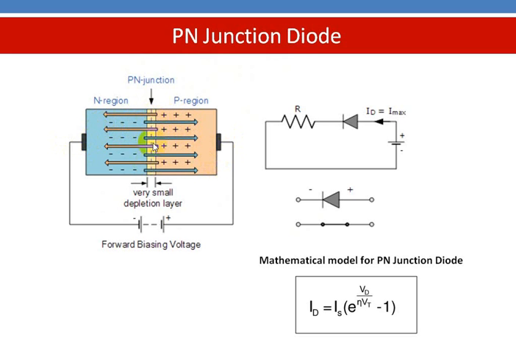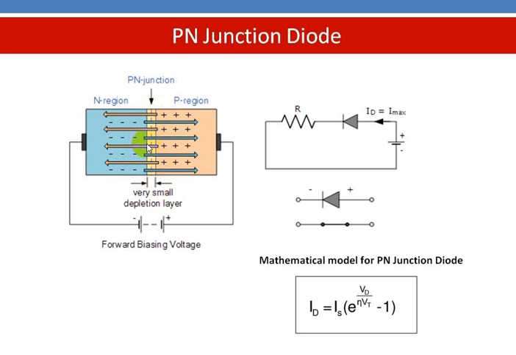At the junction, the electrons in the N region and holes in the P region combine, and a depletion layer is created in this portion.